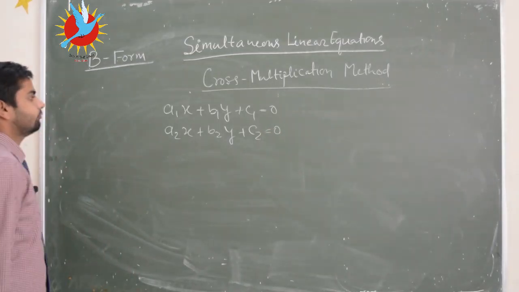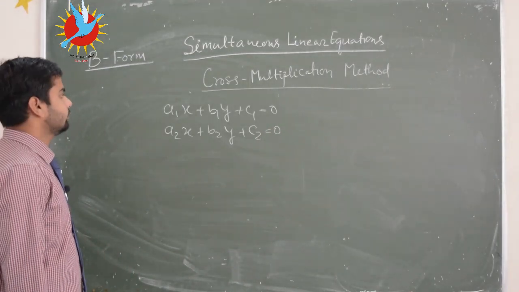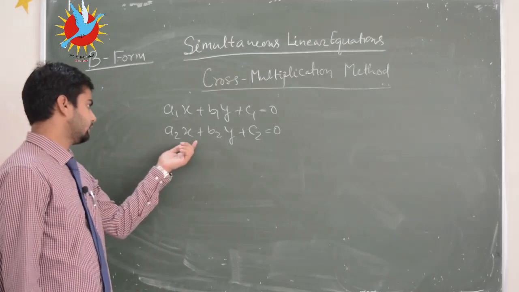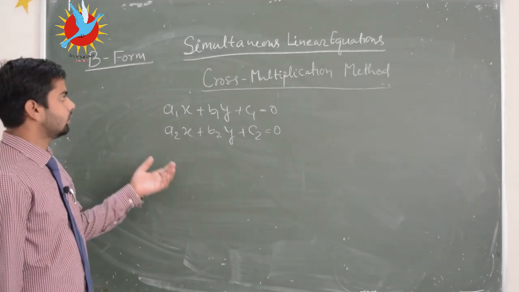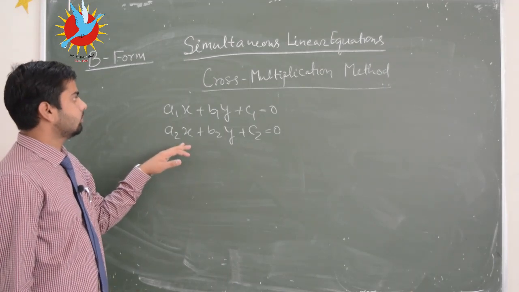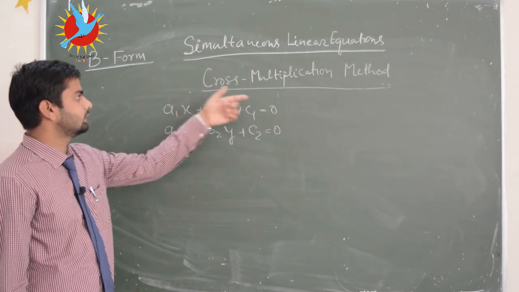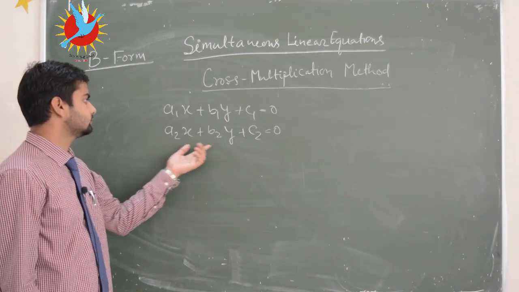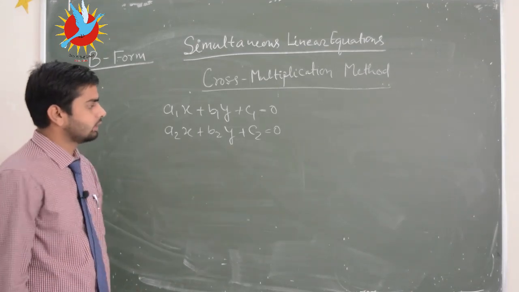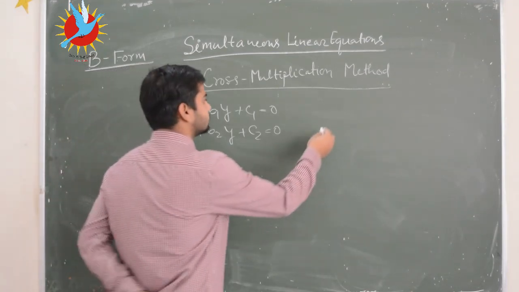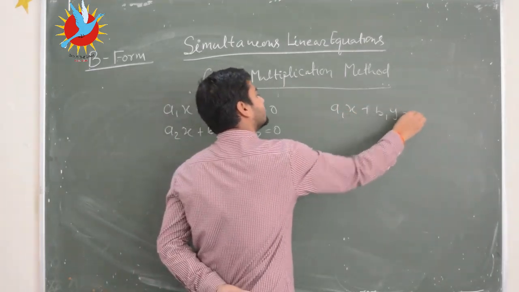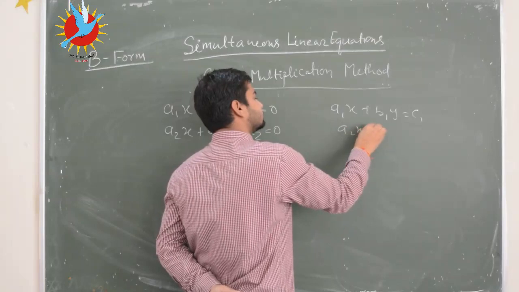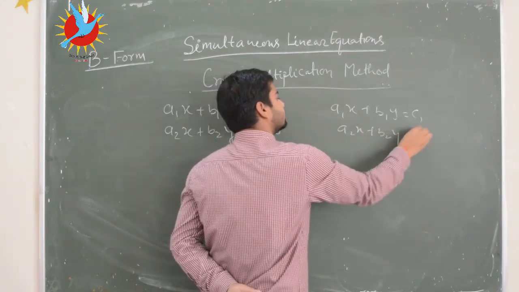If we have two equations and want to find the values of x and y from them, first of all, to solve these by the cross multiplication method, we have to write these equations in this standard form. In our previous two techniques we solved equations in the format a1x plus b1y equal to c1, a2x plus b2y equal to c2.